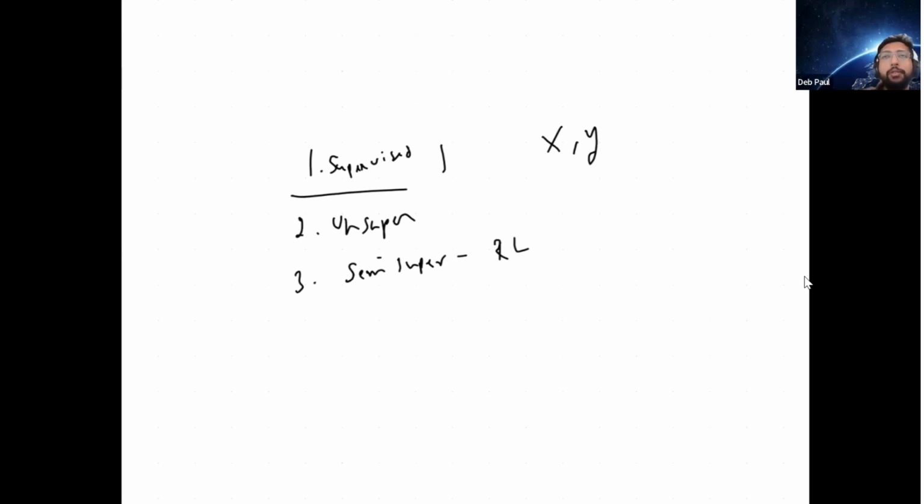Almost everyone I usually talk to has this notion, given this kind of setup where I have X, which is my feature set, and Y. The most common paradigm is we take some feature weights.